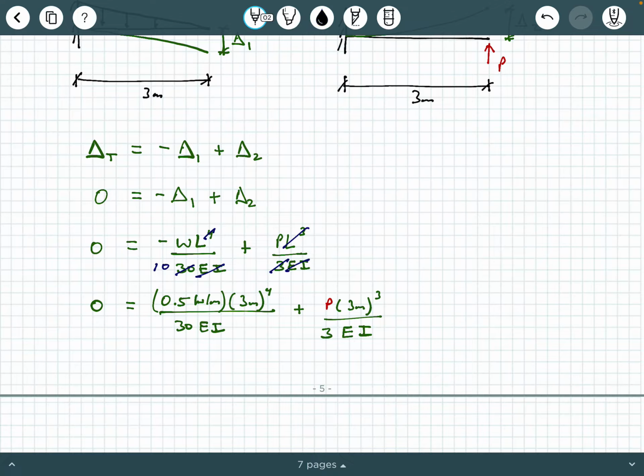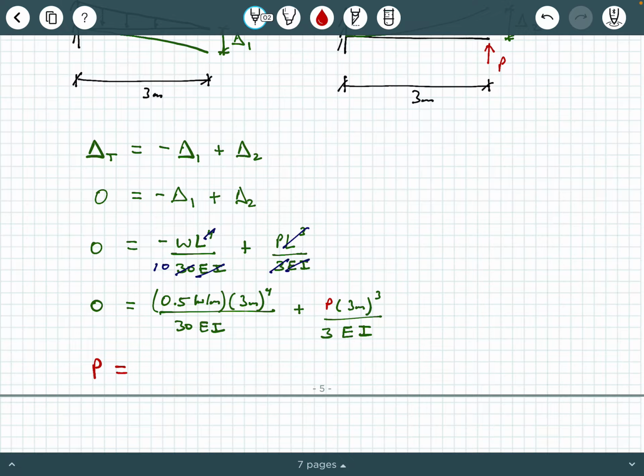In either case, what we finally end up with is P equals, and let's see what comes of it. You should just move that negative term to the other side of the equation, so you'll get 0.5 times 3 over 10.